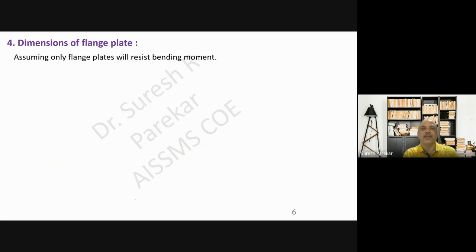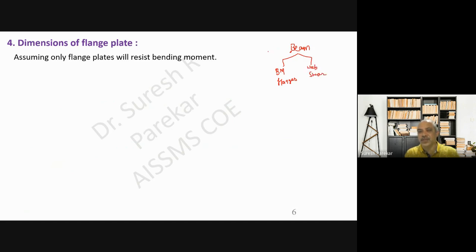And for this, only the flange plates will resist bending moment. Already in beams, or in flexural members, we know bending moment is resisted by flanges and the web will resist shear.